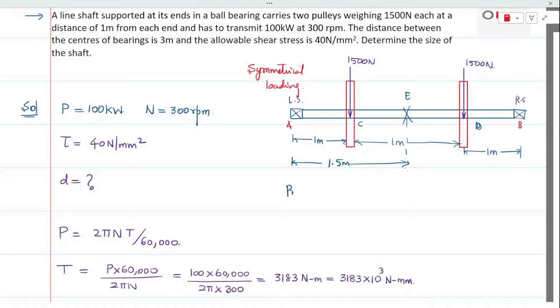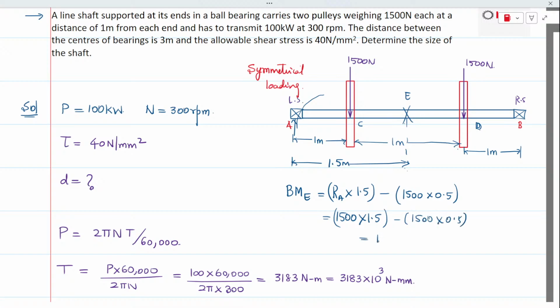And if I calculate bending moment at E, it will be reaction Ra into 1.5 meter distance minus, because Ra is producing clockwise movement, minus 1500 into 0.5. So Ra we have is 1500 into 1.5 minus 1500 into 0.5.